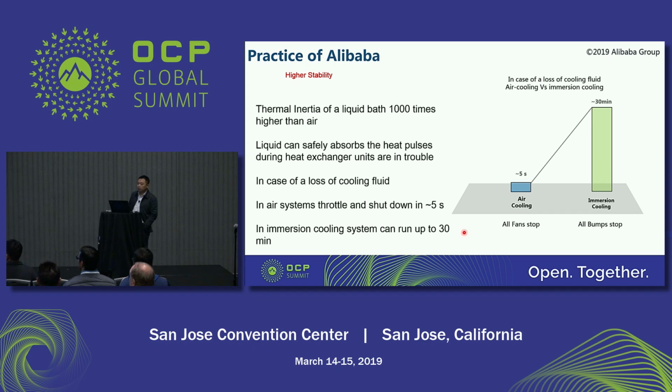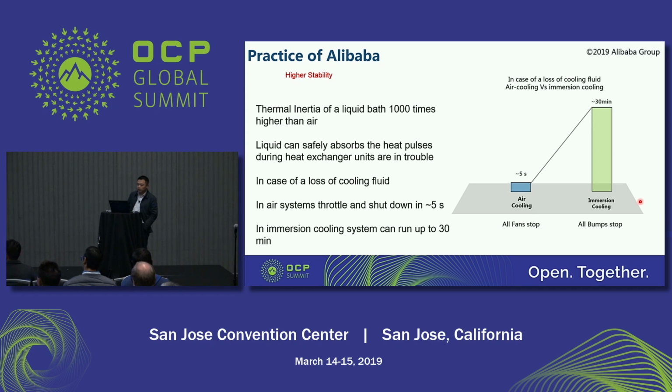About higher stability: the thermal capacity of liquid is about 1,000 times higher than the thermal capacity of air. So the liquid can safely absorb the heat pulse when the heat exchanger units are in trouble. This is very stable for the IT equipment.